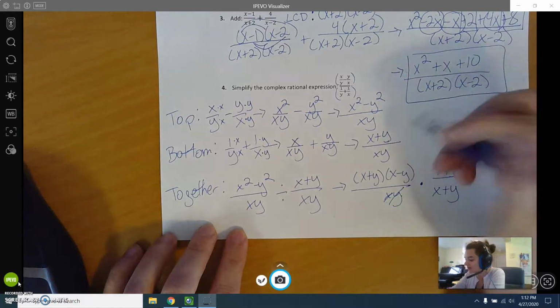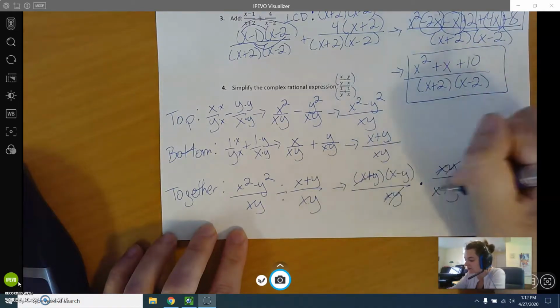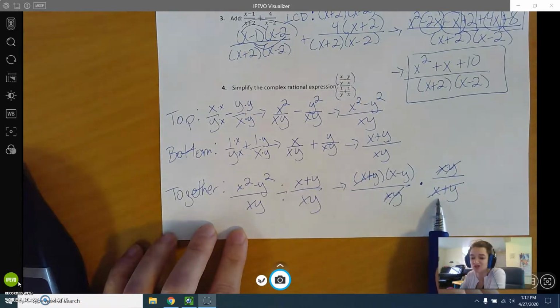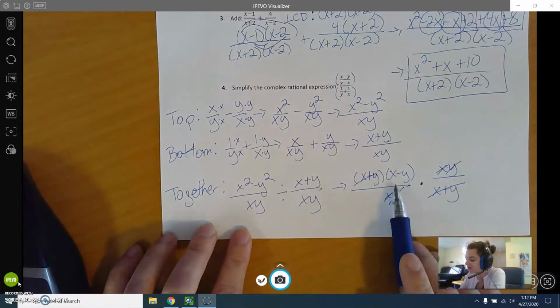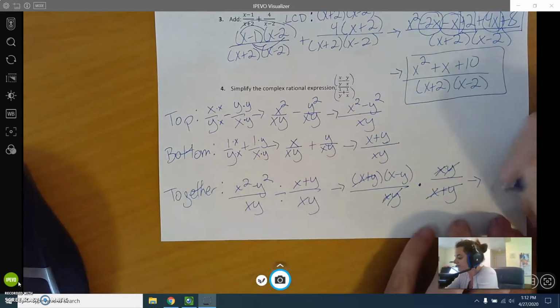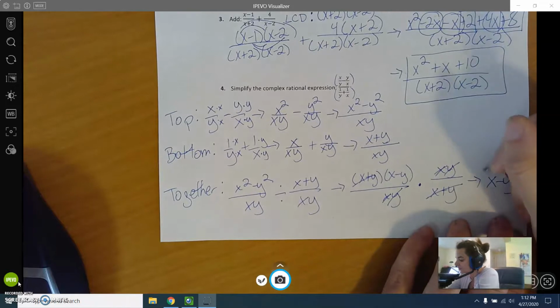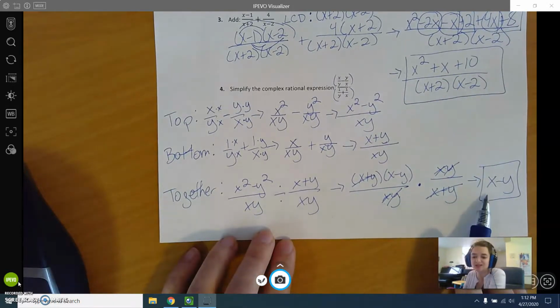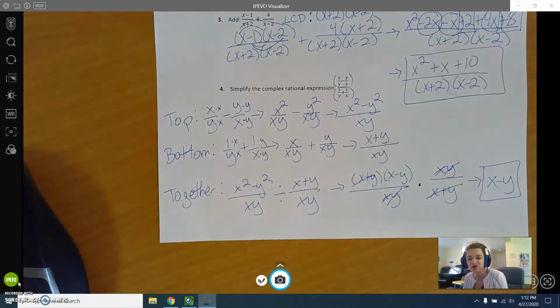I can do the same thing with the x plus y's. So x plus y divided by x plus y is also 1, so they divide out. What you're left with is just this x minus y from the numerator. And we're done. There's nothing left in the denominator, so technically this is over 1, which is just itself.